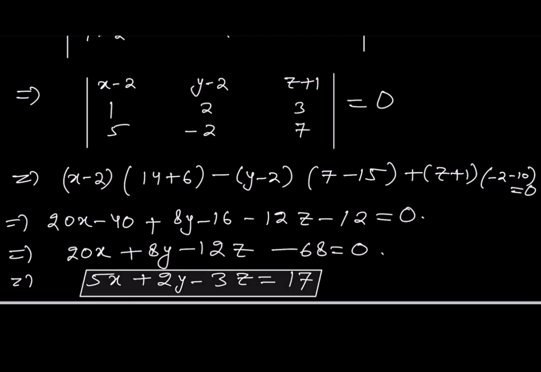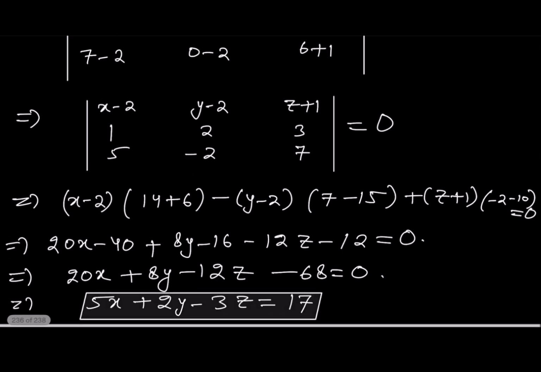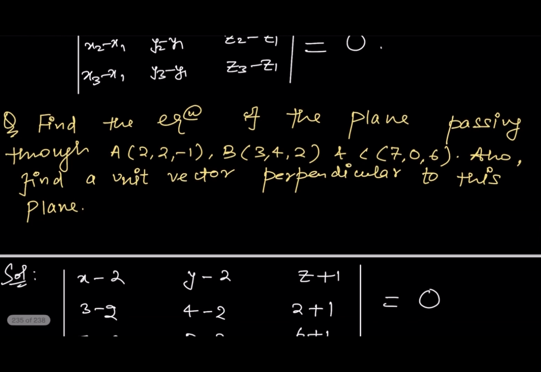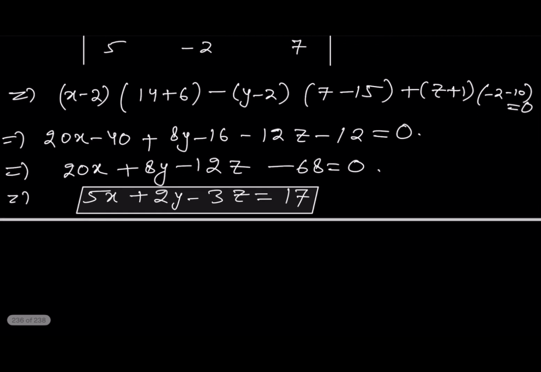Now one thing we also have to find, and that is a unit vector perpendicular to this plane. So we can clearly see the normal vector perpendicular to the plane, which is n vector, is 5i cap plus 2j cap minus 3k cap, right?